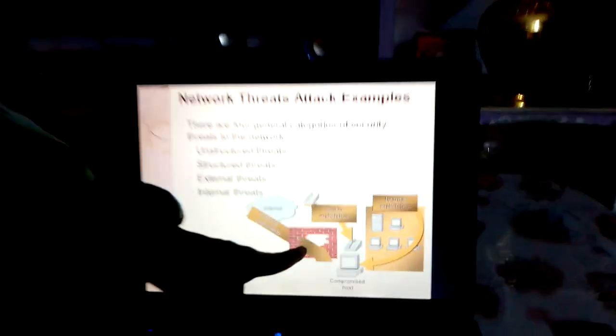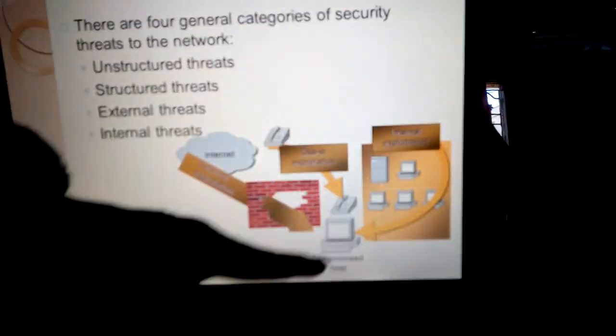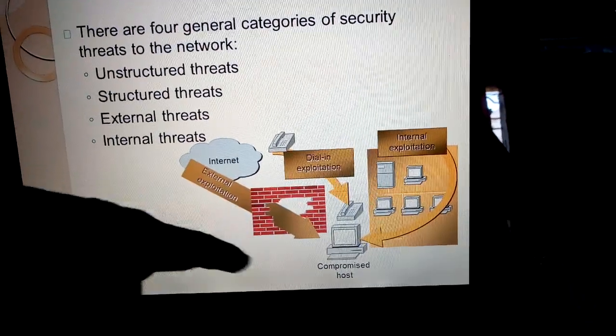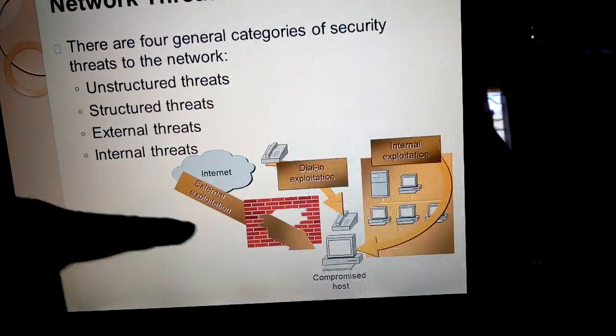In the diagram we can find the internal threats and the external threats. External threats come from outside of the users, and internal threats are found within the organization. This is the main difference between internal threats and external threats.